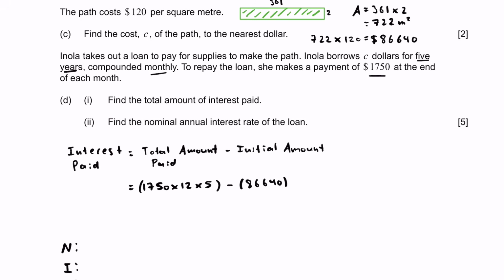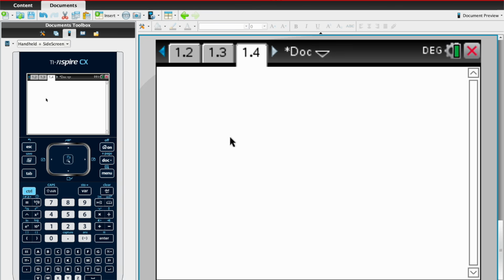And we'll see when we work these out that these aren't the same, that she actually paid back a little more than she borrowed. And that extra amount that she paid back is the interest that she provided to the bank. So let's go to the calculator and find the difference between these values. So 1750 times 12 times 5 minus 86640.